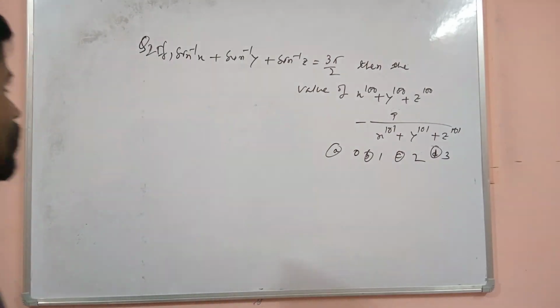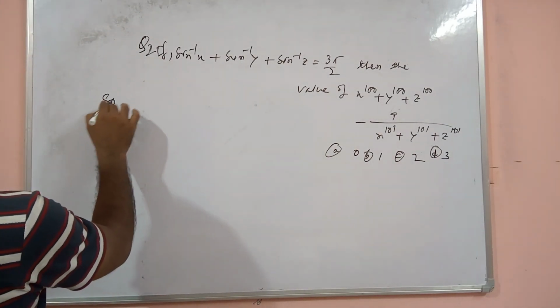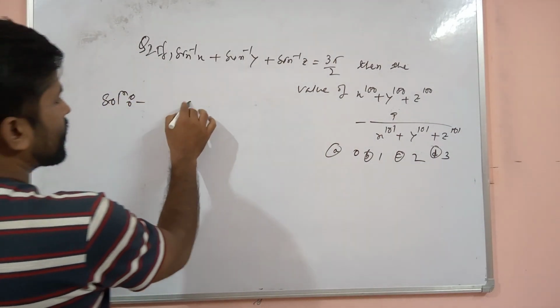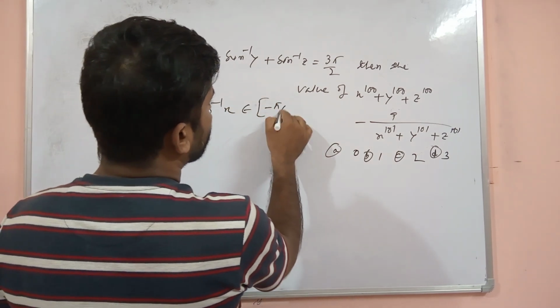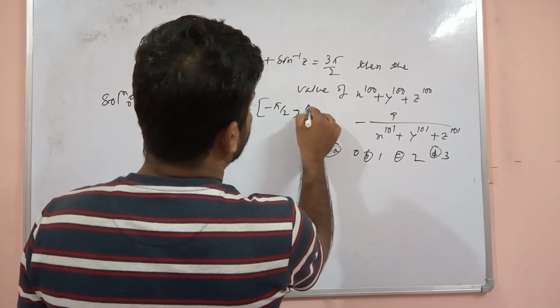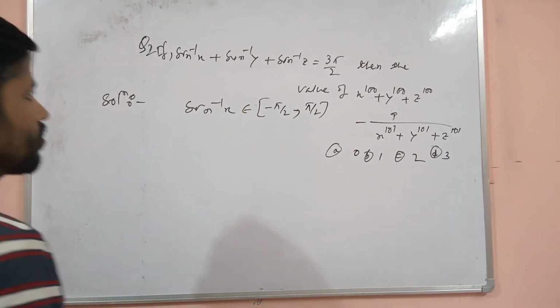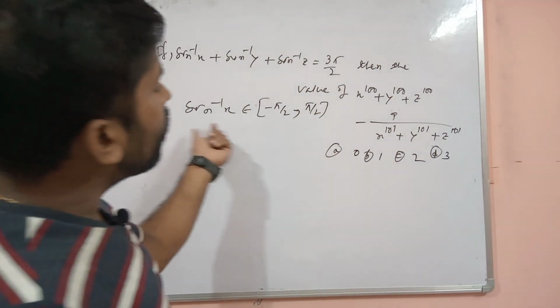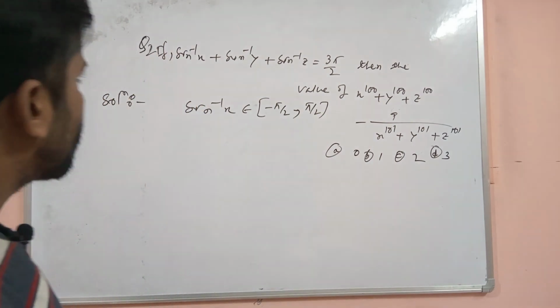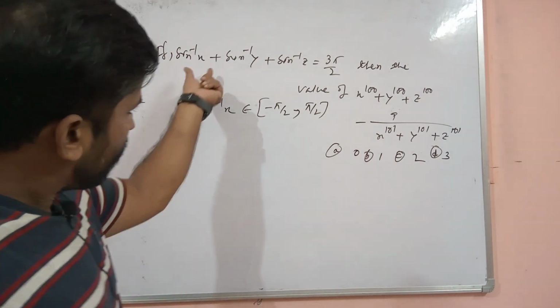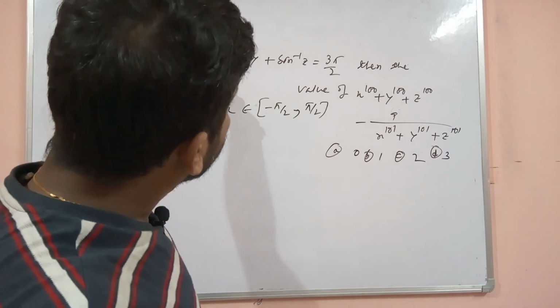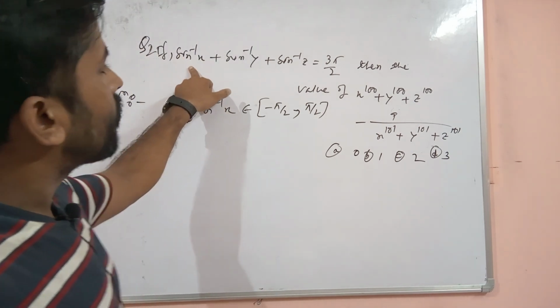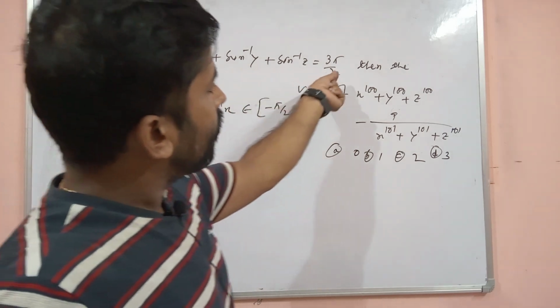Okay, so the solution would be, as we know, the range of sin inverse x is minus pi by 2 to plus pi by 2. So its max value is pi by 2. The sum will be possible only when each function is pi by 2.